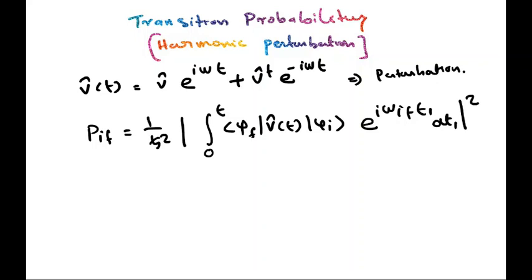Okay, so V of t here has two components. One is V e raised to i omega t, and another one is V dagger e raised to minus i omega t.